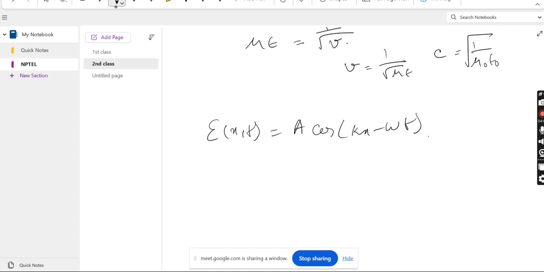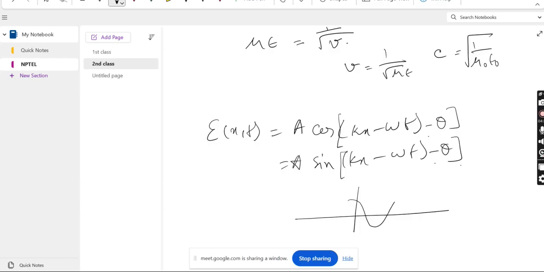I also mentioned in the last tutorial that it can be written as just A sin(kx minus omega t) and in various other forms. We can convert this k and omega in terms of lambda and frequency and all these things. I'm sure you remember that. After that, we can add a phase part in that, which is called the initial phase.